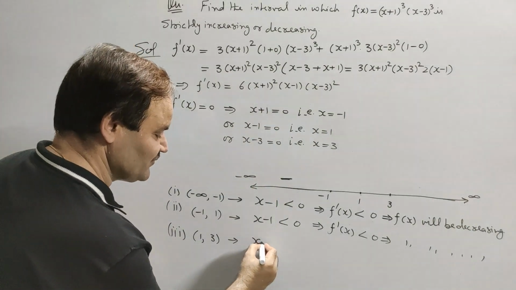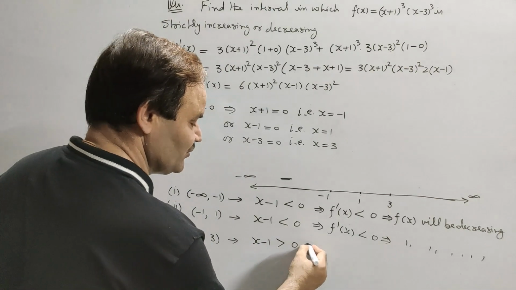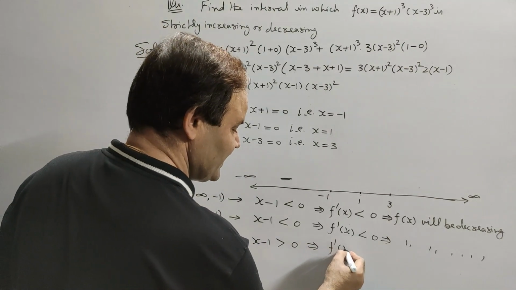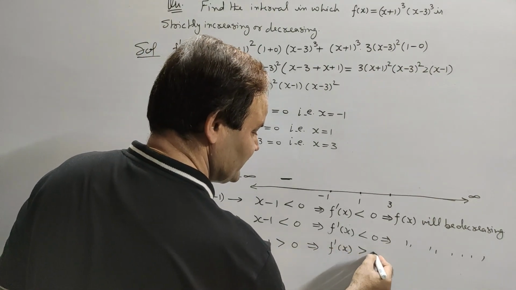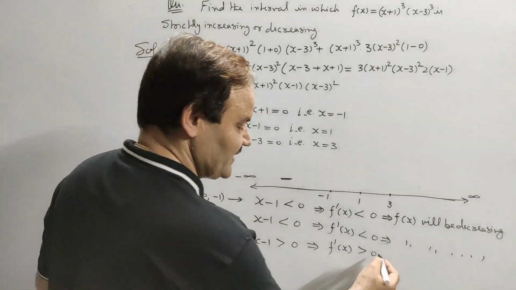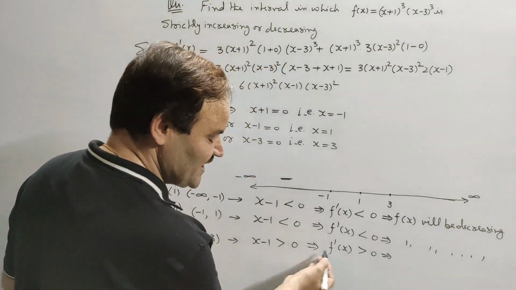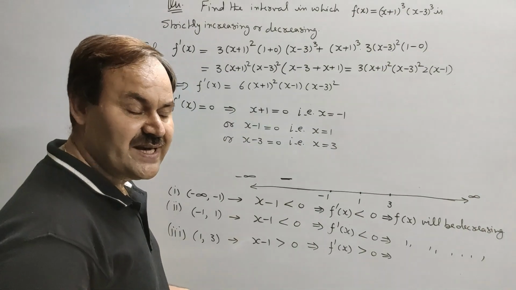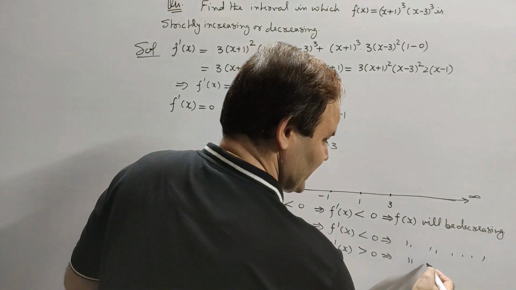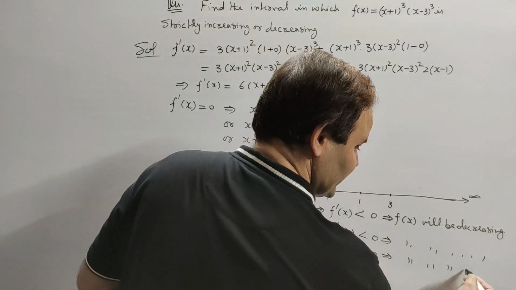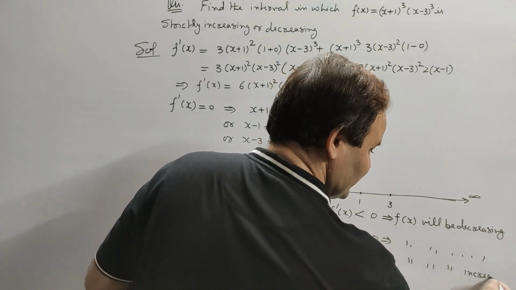So x minus 1 will be greater than 0, which implies f dash x will be greater than 0, and this implies that if f dash x is positive, then the function f x will be increasing in this interval.